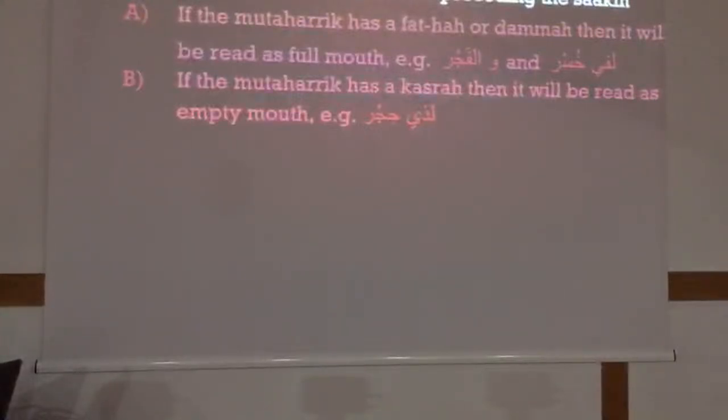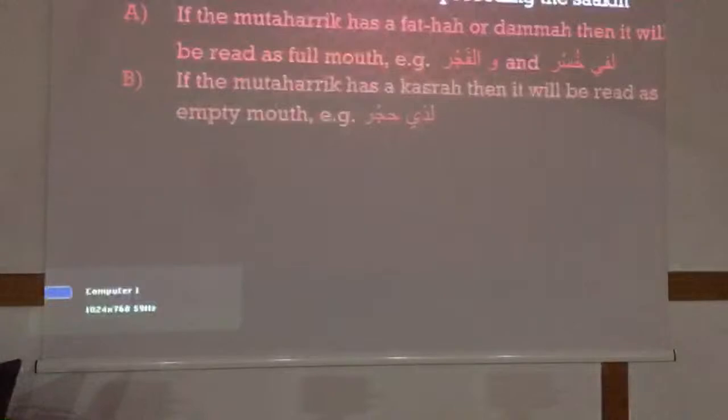So for example, if you look at the first example, okay, these are all examples from the Quran, by the way. La ta'kulur riba. How is this ra being read? Full or empty? Why is that full, uncle? So it's got a kasra, the ra has a kasra, so it's going to be what? Empty mouth.